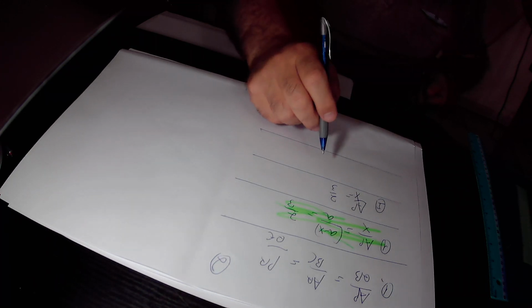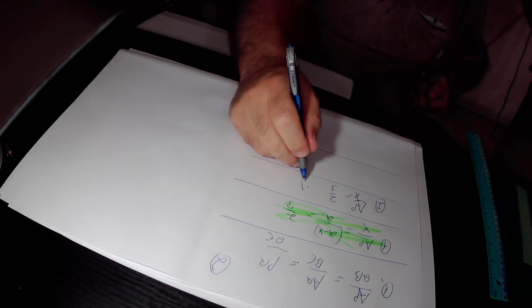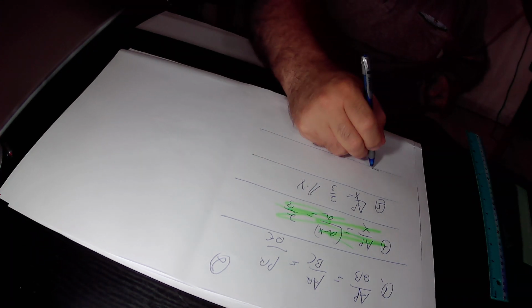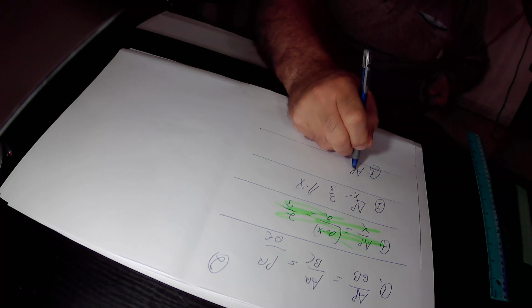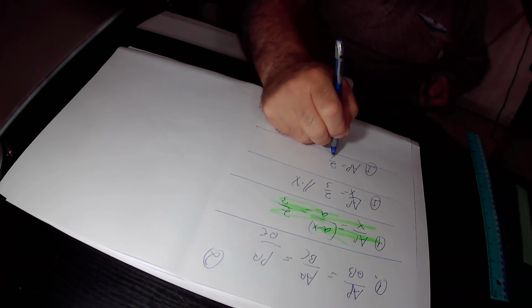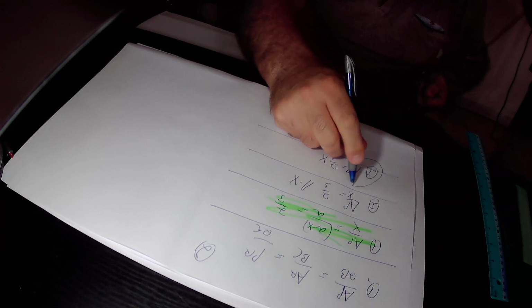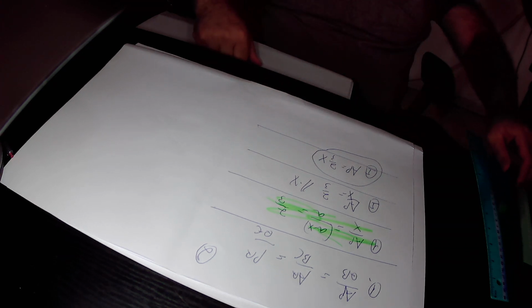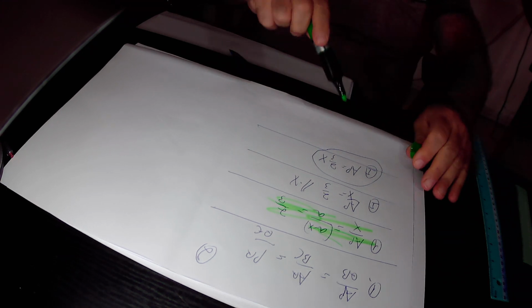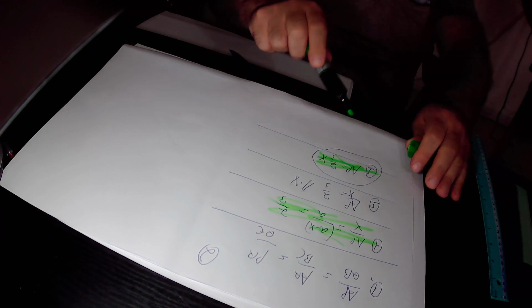Here we multiply this equation 1 by X, and finally we get that AP equals 2/3 X.